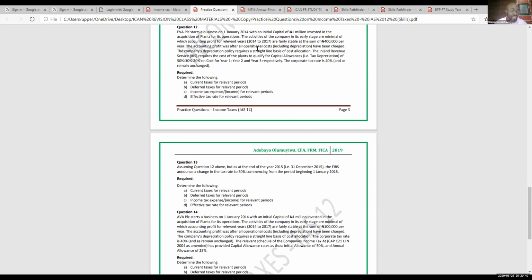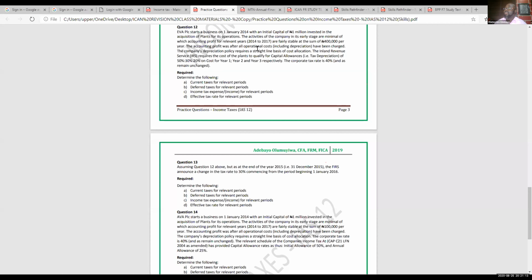Now, the story behind it is that we had a business that just commenced in that year, 2014. This company started up with a capital of 1 million naira via acquisition of a plant. A plant is a qualifying capital expenditure for tax purposes.